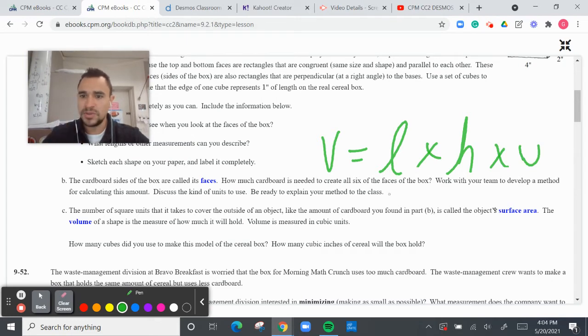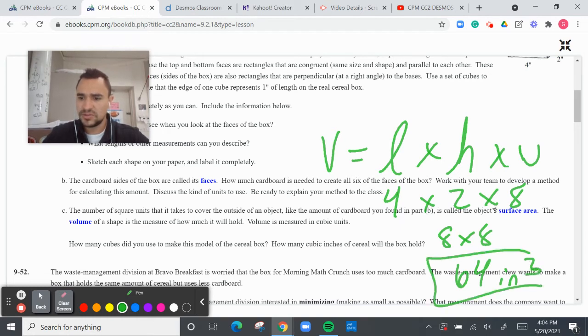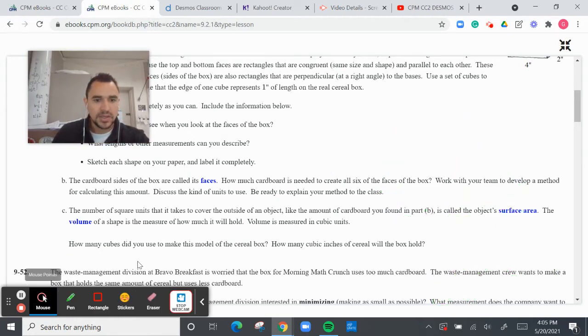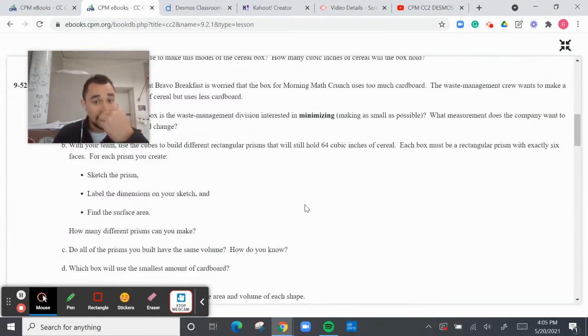So in this case, it would be 4 times 2 times 8, which is 8 times 8, which is going to be 64 inches cubed. Cubed because there's 1, 2, 3 lengths here. And so that's why volume is cubed. Surface area is square because it's just covering a face, not holding anything inside that is bigger, 3-dimensional in a sense. All right, so let's go ahead and do that.